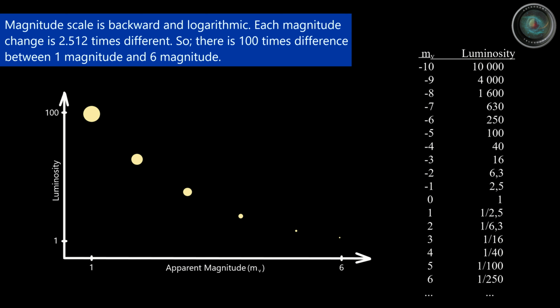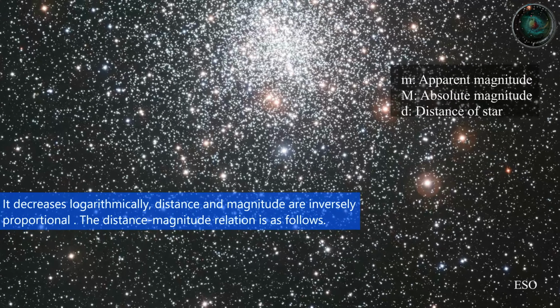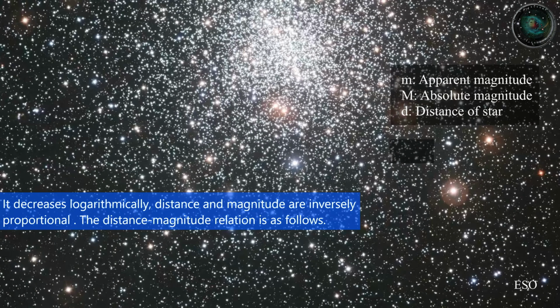The magnitude scale is backward and logarithmic. Each magnitude change is 2.512 times different. So, there is a 100 times difference between 1 magnitude and 6 magnitude. It decreases logarithmically. Distance and magnitude are inversely related.